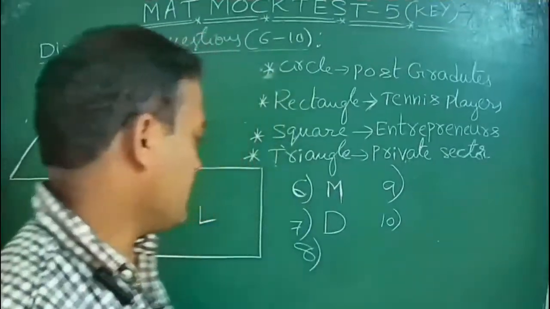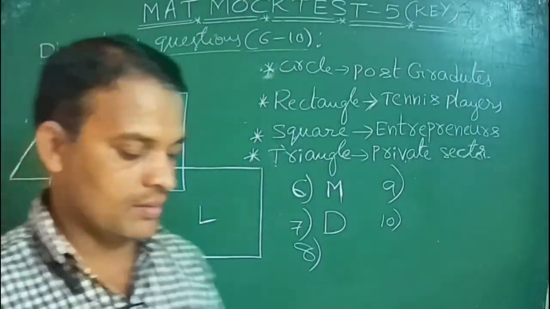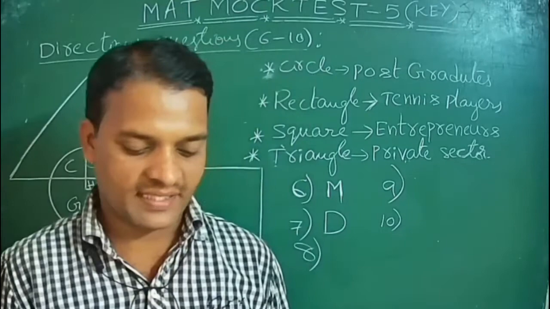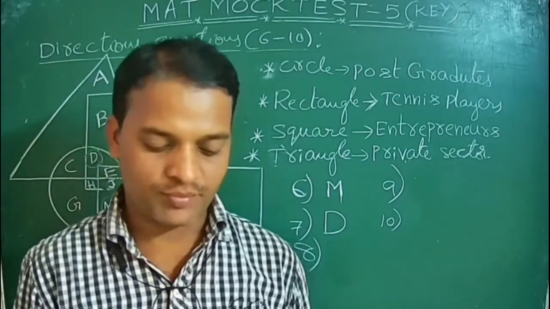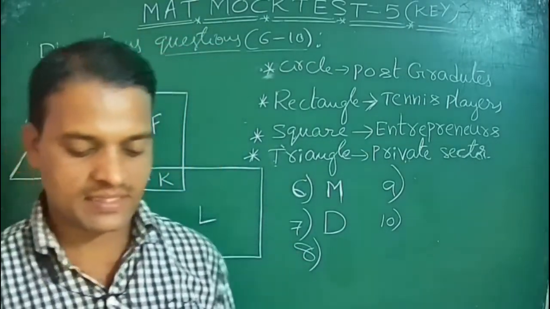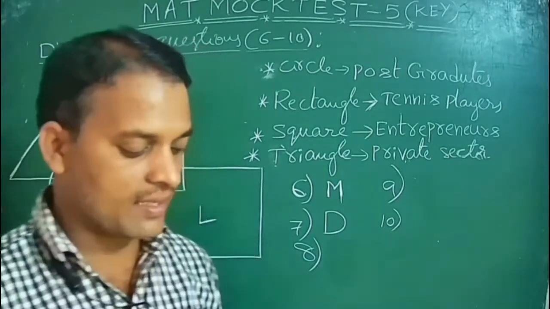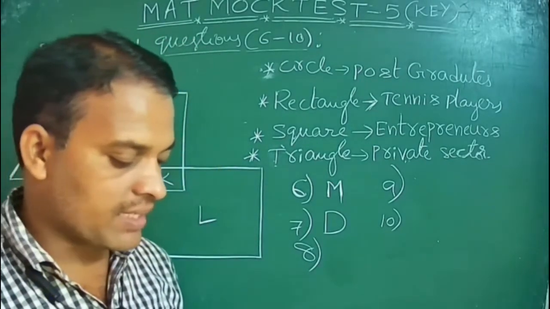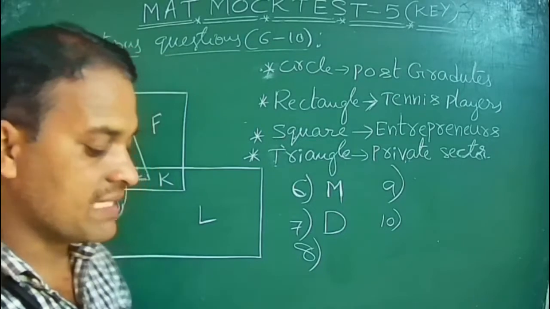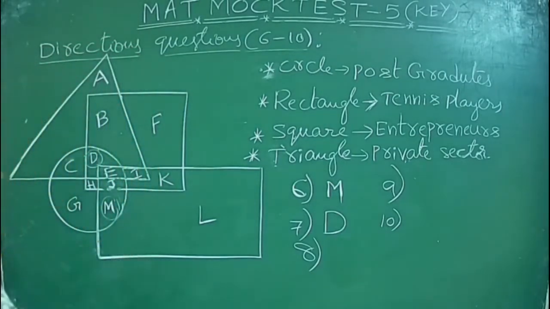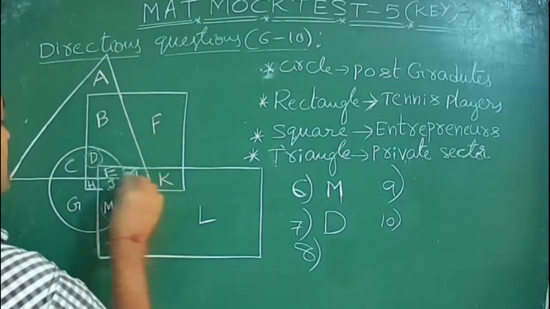Eighth question: which of the following letters represents the people who are postgraduates, entrepreneurs, and tennis players, but not working in the private sector? The private sector is nothing but the triangle.